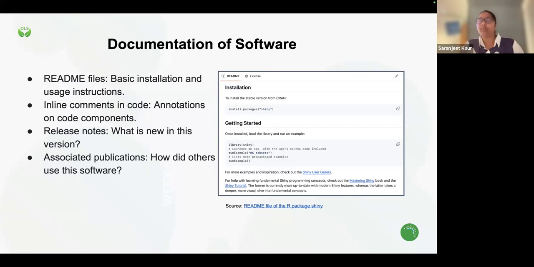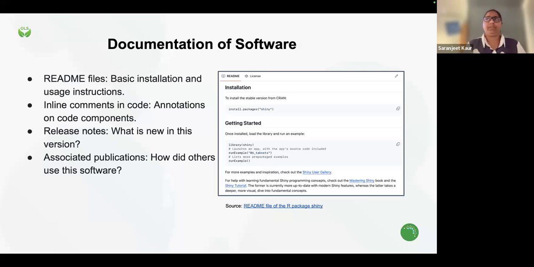The other place to document your software are the release notes. So release notes, again, this is something you would do as your software goes through different phases. As there are major or minor releases of your software, you can provide release notes, which include information on what is new in this version or what has changed from the previous version.